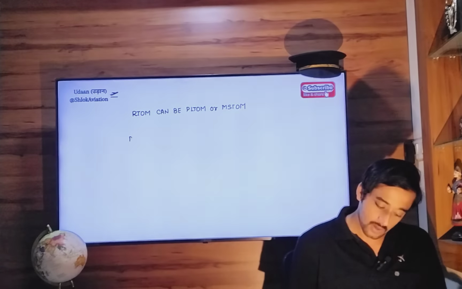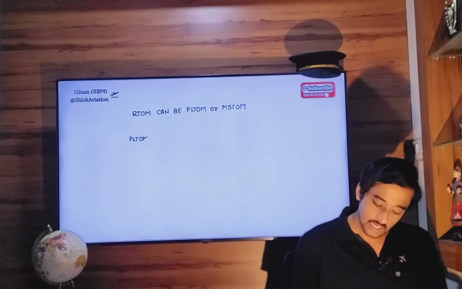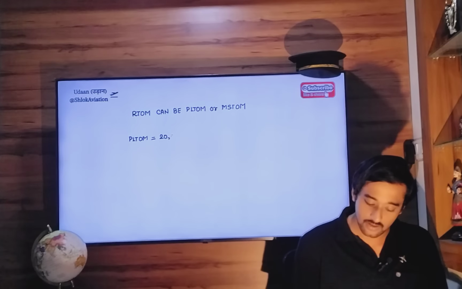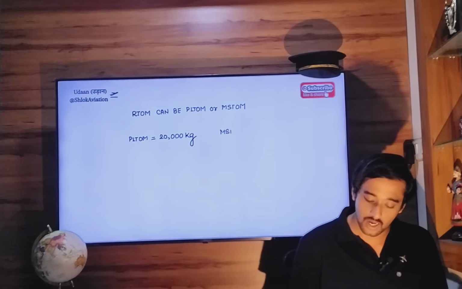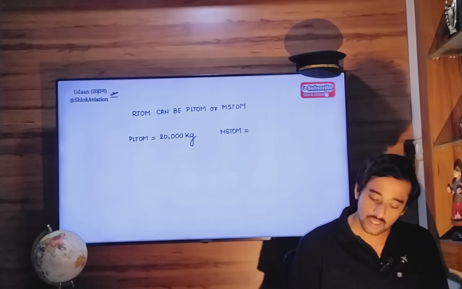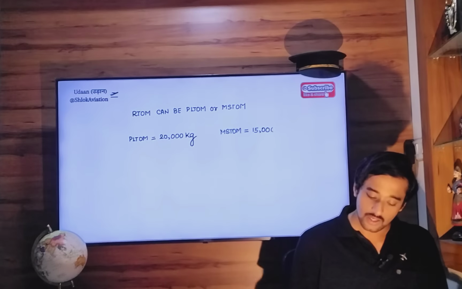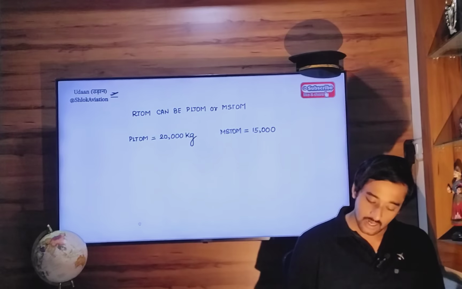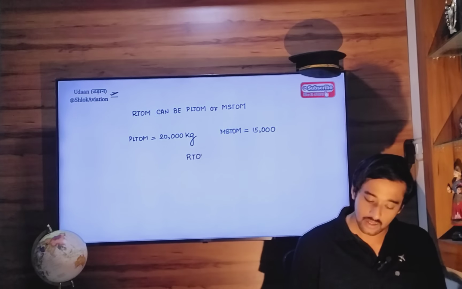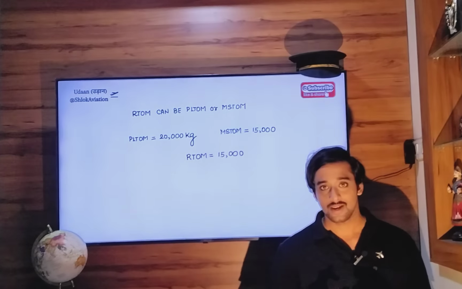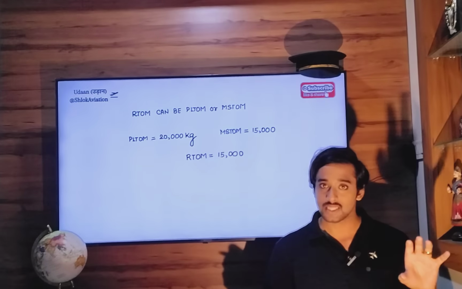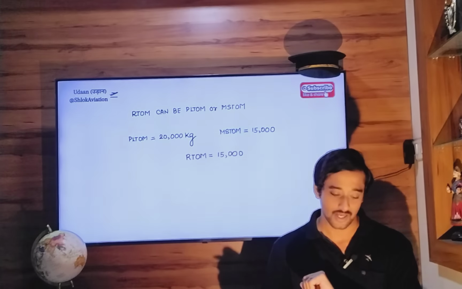Now let's say performance limited takeoff mass is 20,000 kg and maximum structural takeoff mass is 15,000 kg. So in that case, regulated takeoff mass will be 15,000 kg. You're going to select the smaller value between performance takeoff mass and structural takeoff mass. Okay.